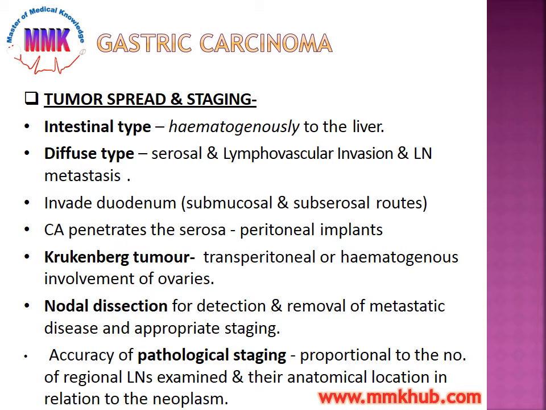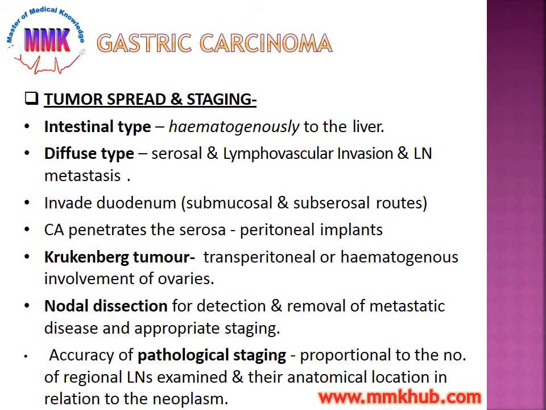The involvement of the duodenum is via the submucosal and subserosal routes. Carcinoma penetrates the serosa and leads to peritoneal implantations. And if this transperitoneal and hematogenous involvement occurs in the ovaries, it is termed as Krukenberg tumor.